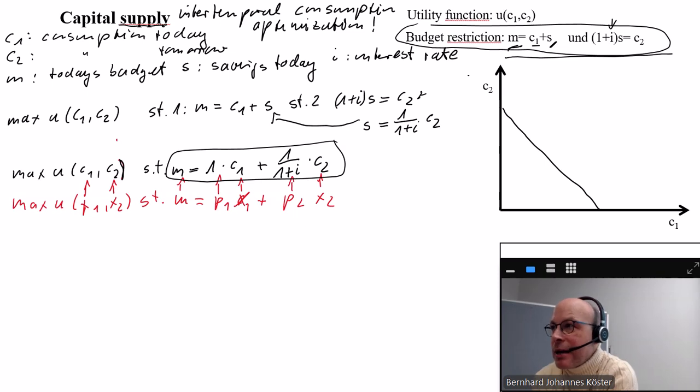You really have to start to learn these letters. I cannot always say, well, let's say our budget is 1,000 euro. If you have a budget of 1,000 euro, what is the maximum you can spend for consumption? 1,000 euros. But if 1,000 euros are M, then it is M, of course.